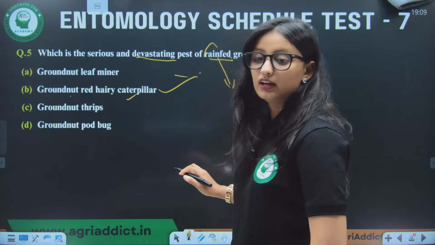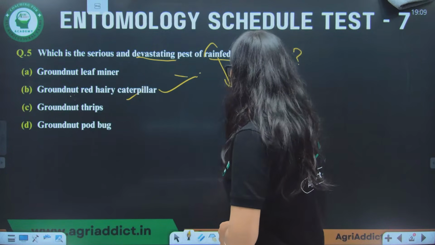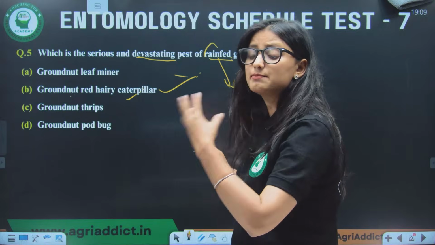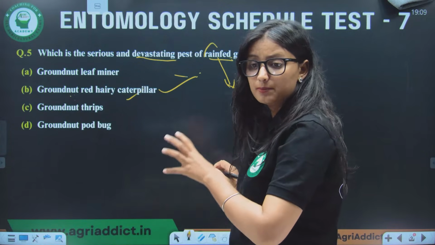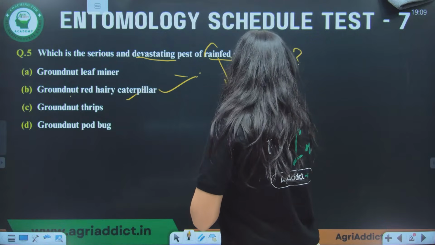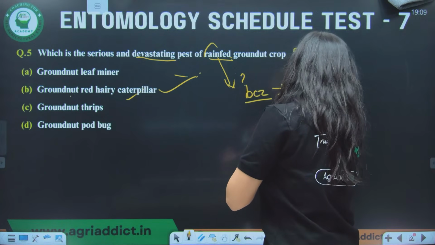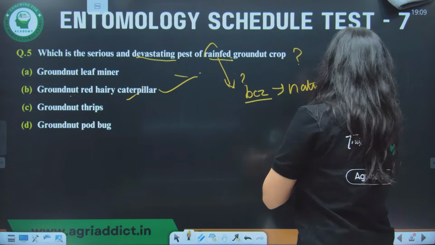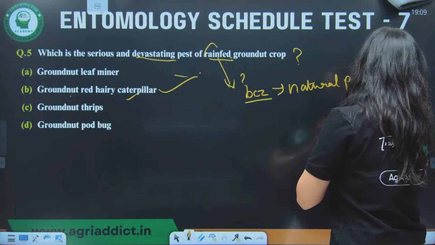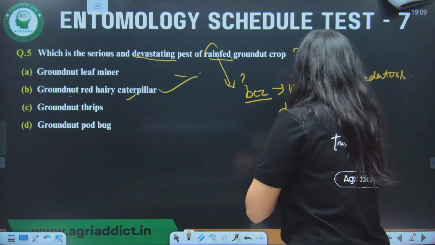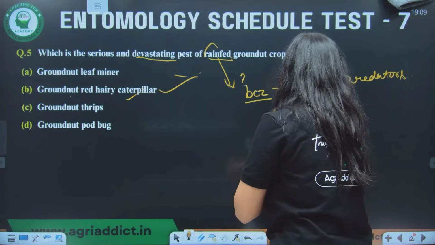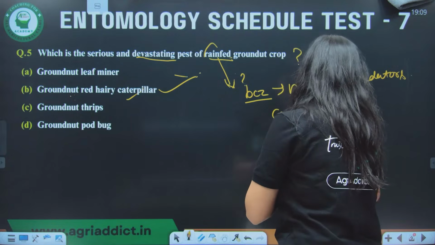Okay, that's good. But I am asking why it is devastating in rain-fed condition, because the main reason is that in rain-fed condition its natural predators cannot function properly.